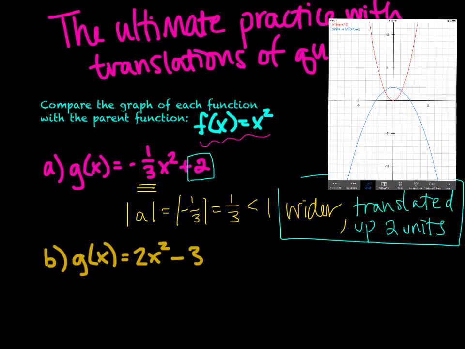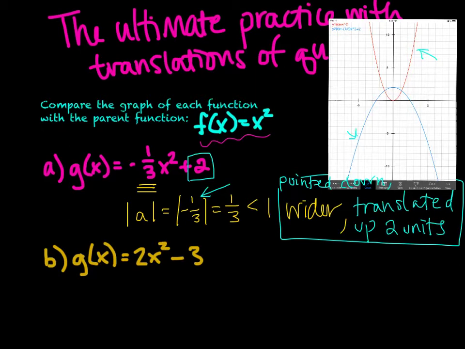We also need to pay attention to the fact that a was negative, so it is also pointed down. It is wider, pointed down, and translated up 2 units. This blue line is our g of x, this red line is our f of x. It is wider than the original, upside down compared to the original, and translated up 2 units.